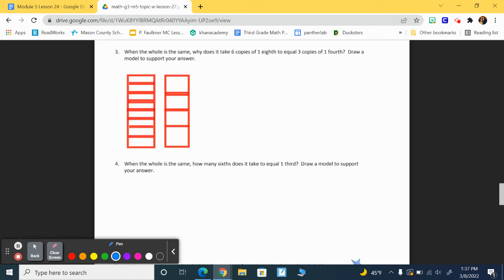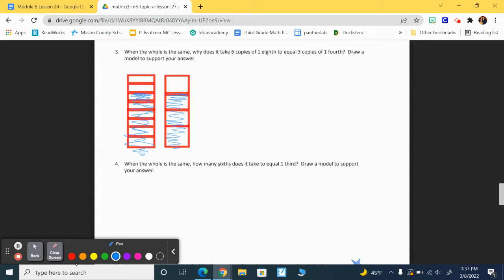All right, looking at number 3, when the whole is the same, why does it take 6 copies of 1/8 to equal 3 copies of 1/4? Draw a model to support your answer. So if we look up here, this is eighths. So if I want to do 6/8, it would be all of these in this area. And if I wanted to do 3/4, it would be all of these in this area.